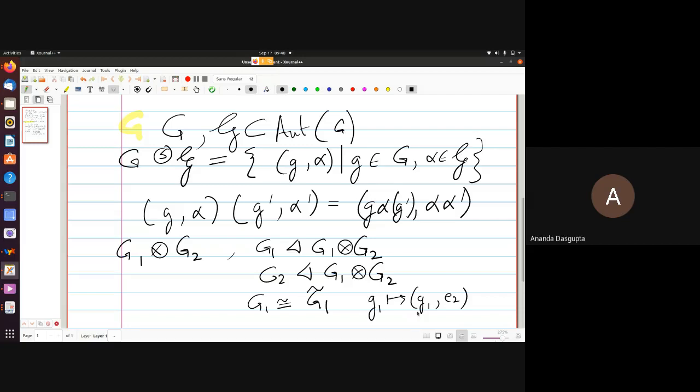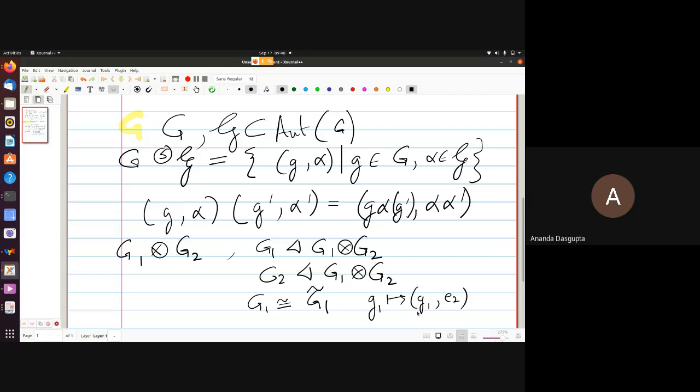So just because we don't distinguish between a group and its isomorphic partner, we are saying G1 and G2 are normal subgroups of G1 cross G2. So that's the way the original components of a direct product go into the full direct product. So that's figuring out the direct product in the straight or direct manner.